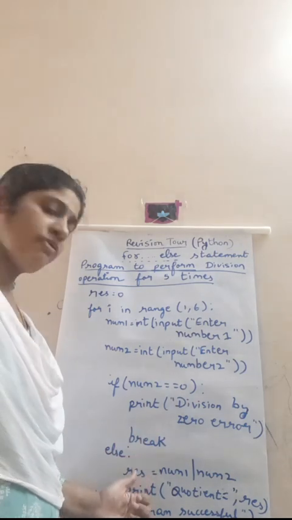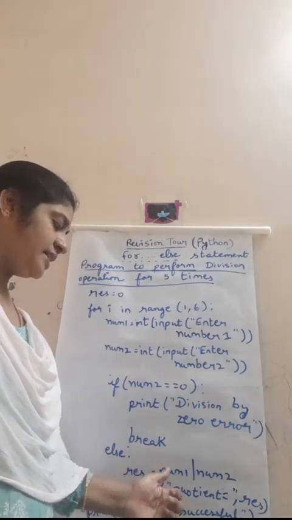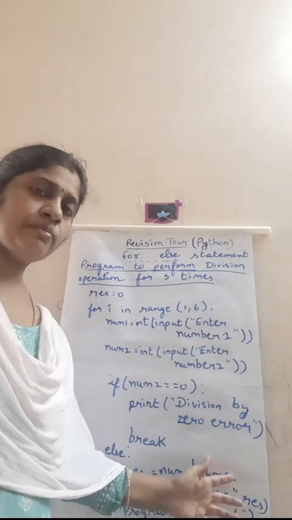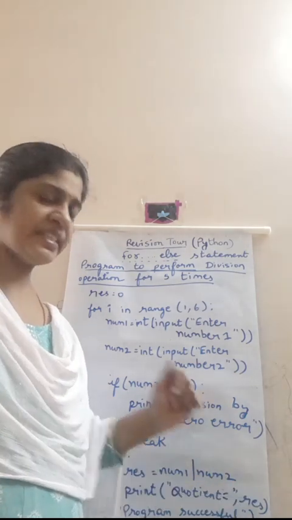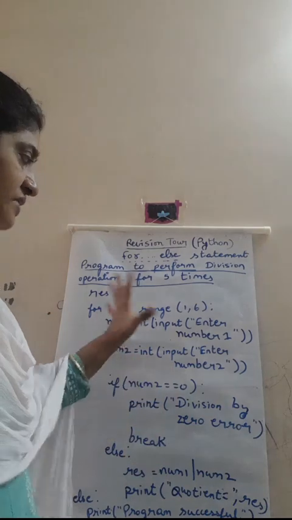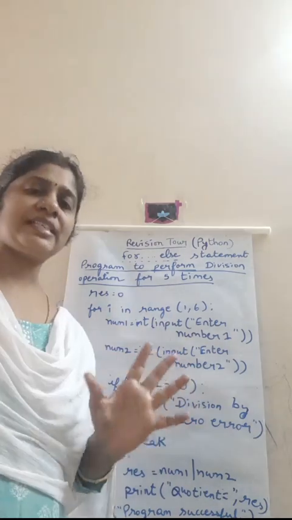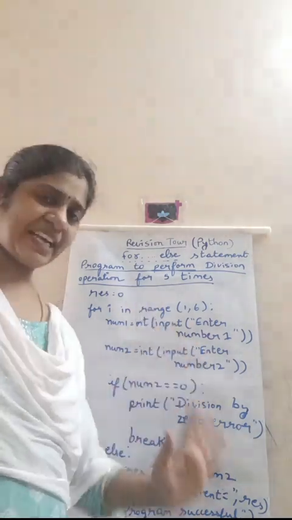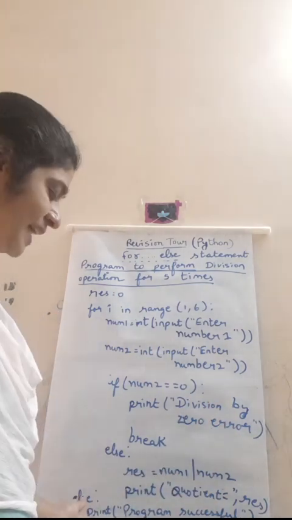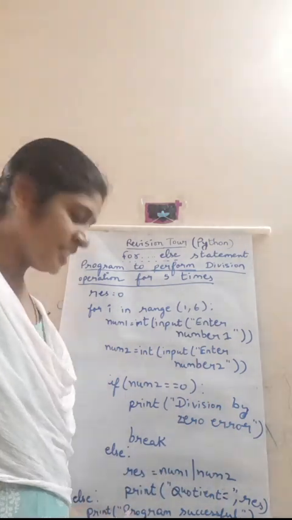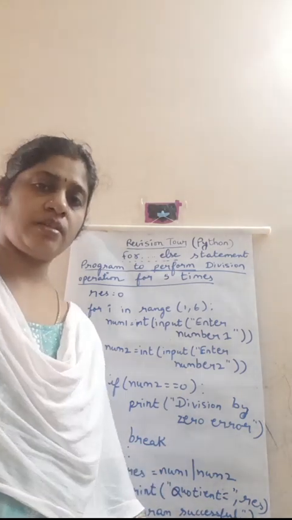Else, you just perform the division operation. Result is equal to number 1 by number 2 and you display the message result. Now, if this loop gets executed successfully for 5 times, then what will happen? The else statement will get executed and it will display the message program successful.